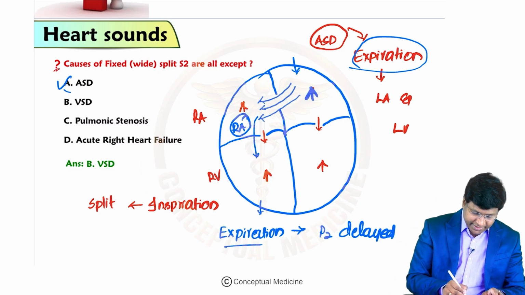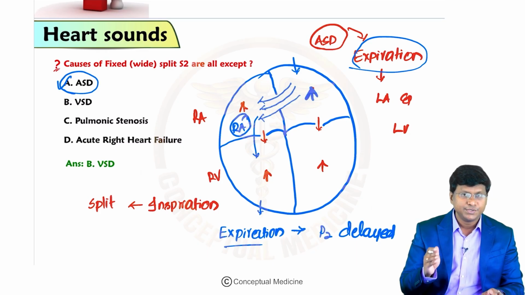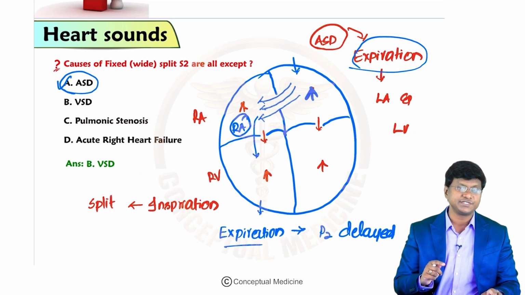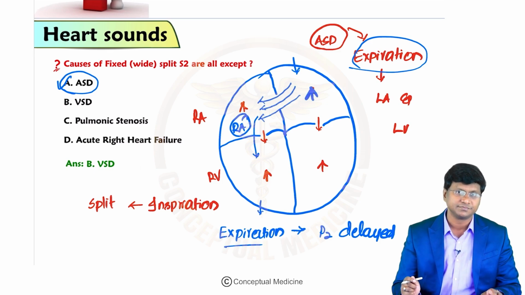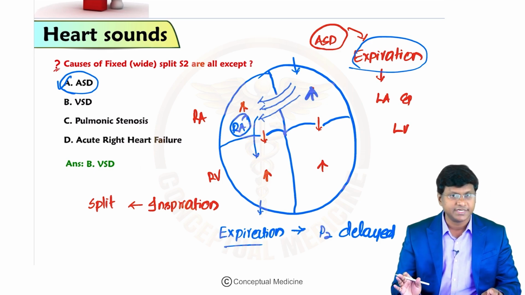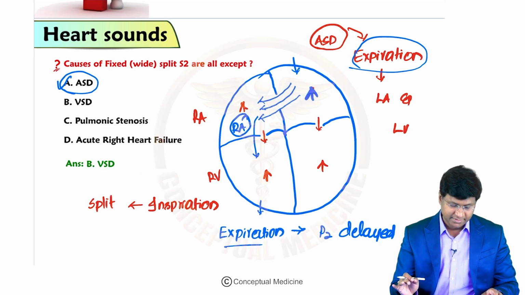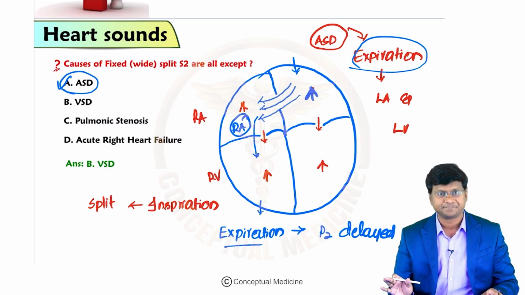So in patients with ASD, please remember, you have the wide split both during inspiration and as well as expiration, right? Okay, so that is the reason why you have a fixed wide split in patients with ASD.